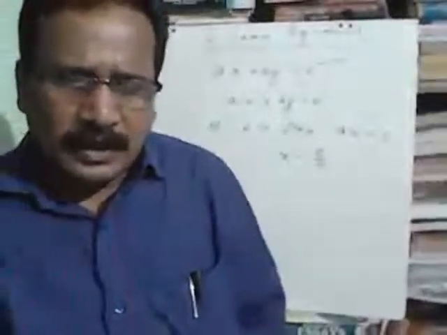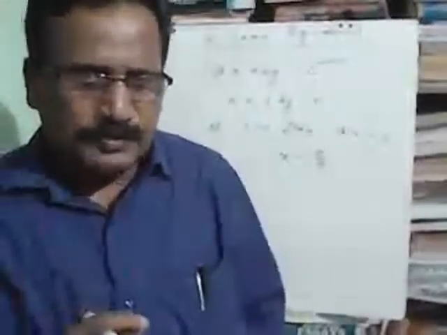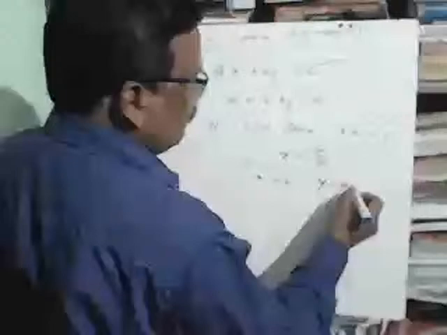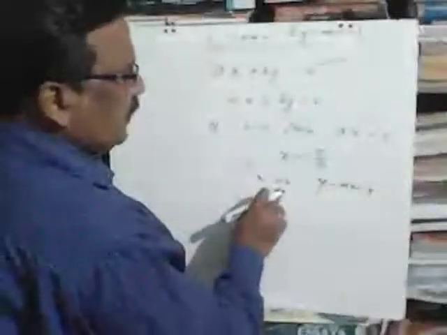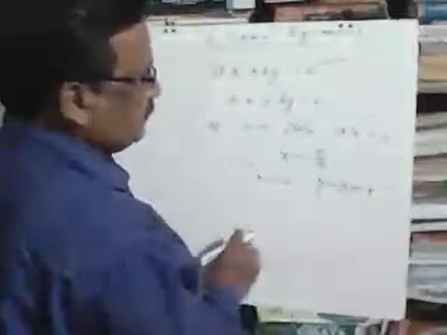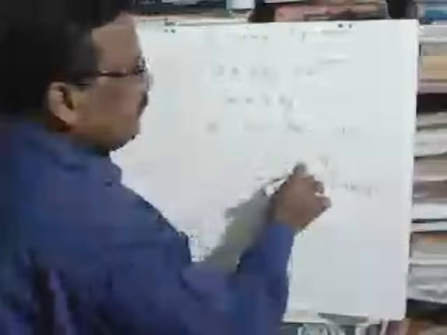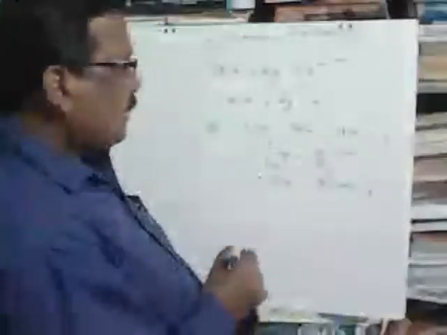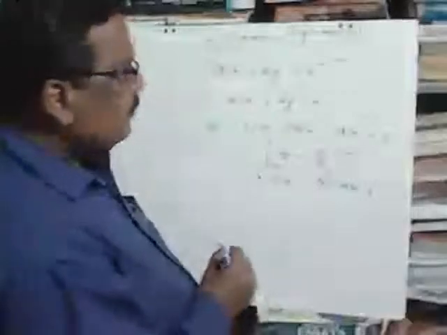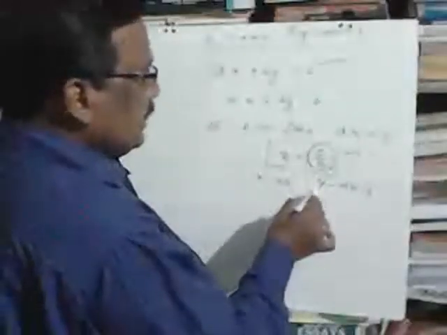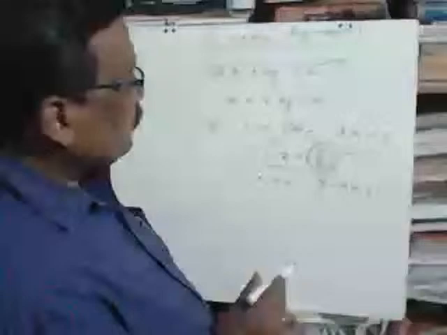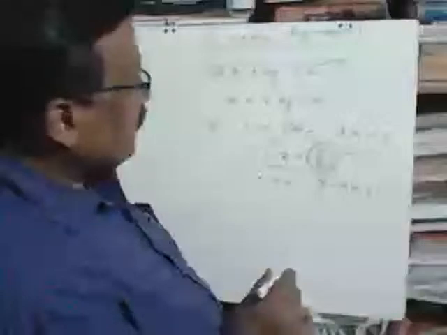Here, you know, x equal to 0 is the equation whose graph is the y-axis. This x equal to c by a represents a straight line parallel to y-axis.